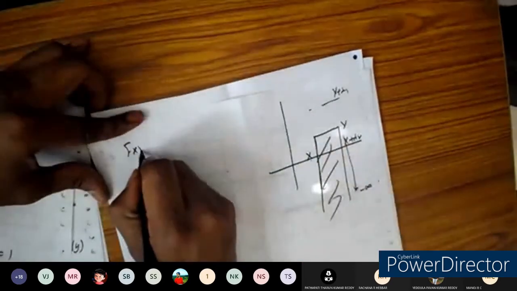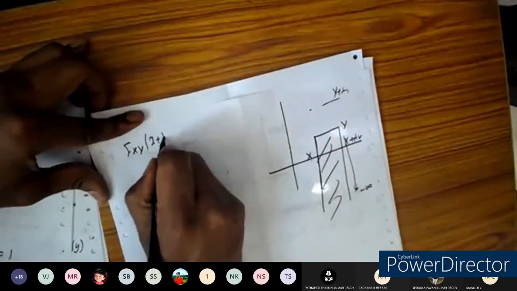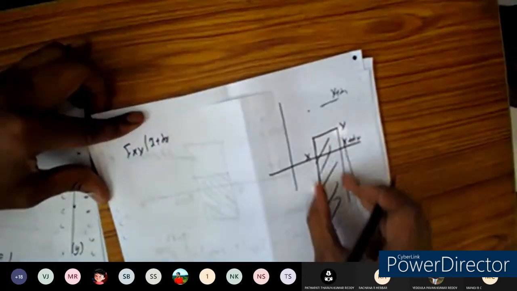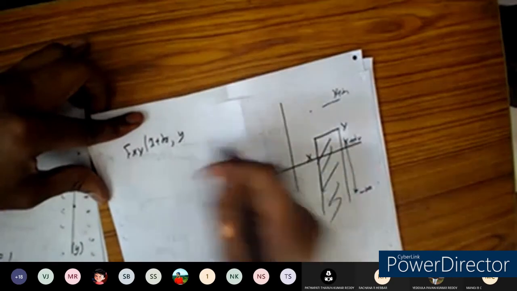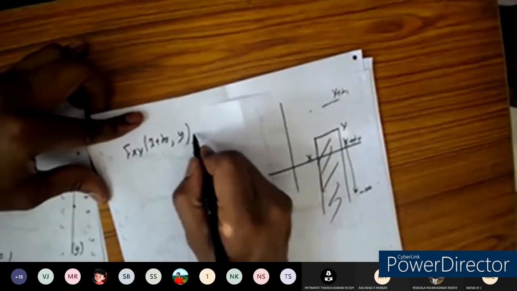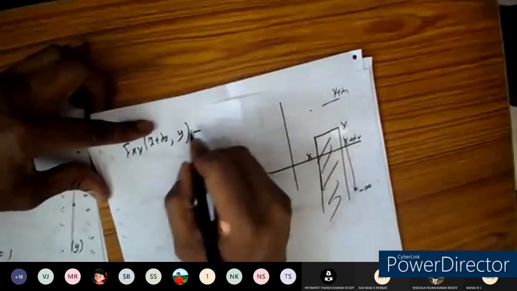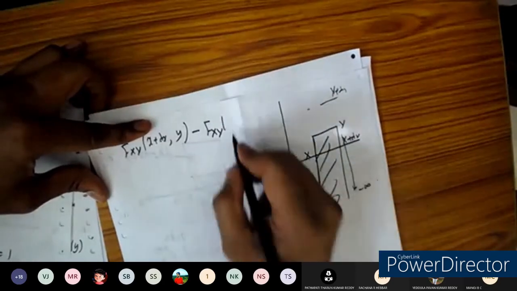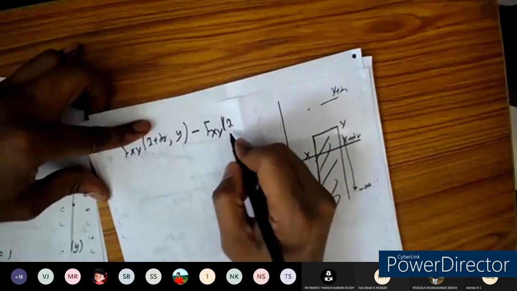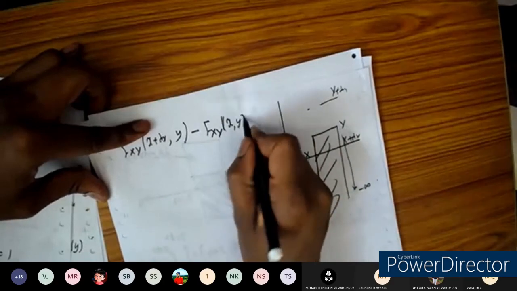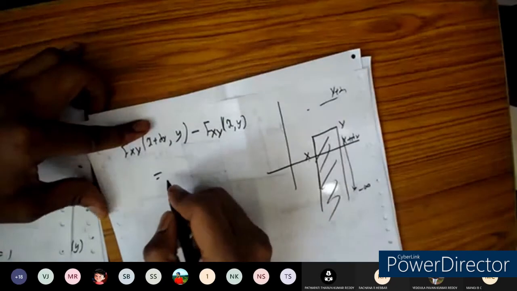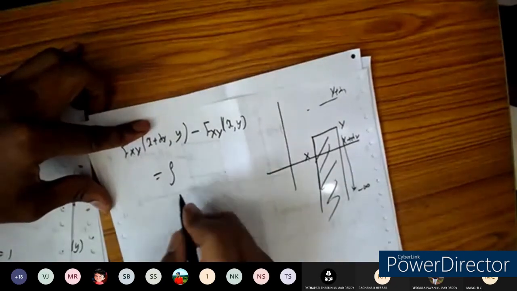So this area we can find like this: Fxy of x plus dx and y, because from here to here I need to find the area, minus the other area, Fxy of x and y. Here y can take the value up to infinity. So this will be given by the expression like this.